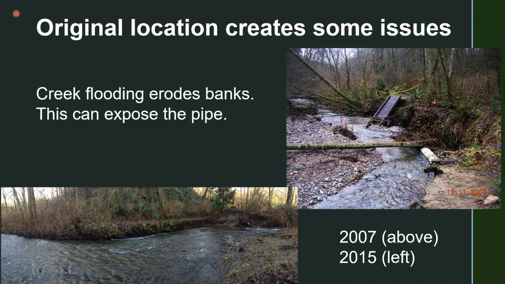And so a situation in which a winter storm might raise the level of the creek 6 inches now raises it much more quickly, and in some cases much deeper. And so as time has gone on, as development has increased, this flashiness, as we call it, has increased in Coal Creek, which threatens our pipe even more.